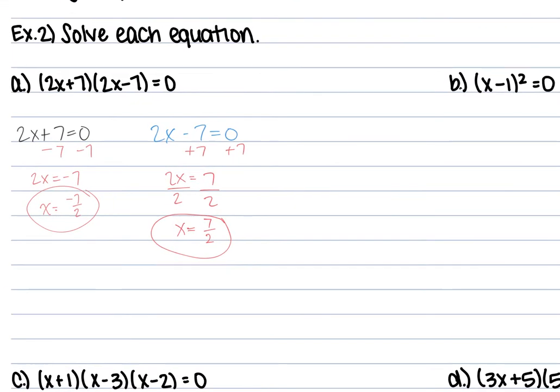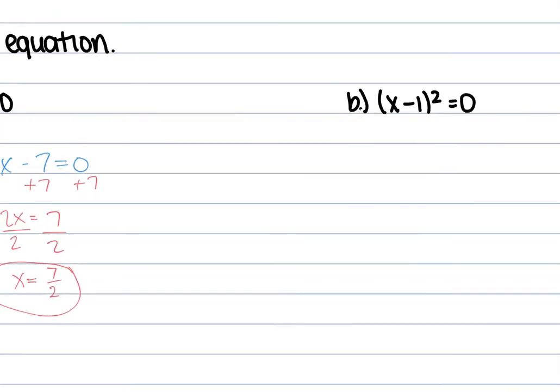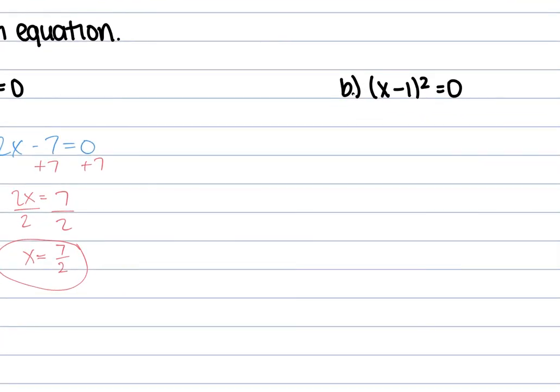Check out B. Oh, boy. What is this? Now, do you guys remember when we were foiling and I told you to do what when something was squared? Multiply. Do you remember when we did that?